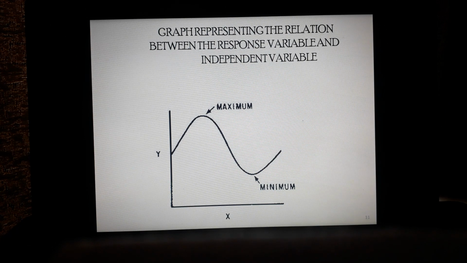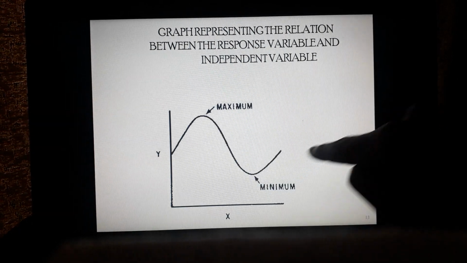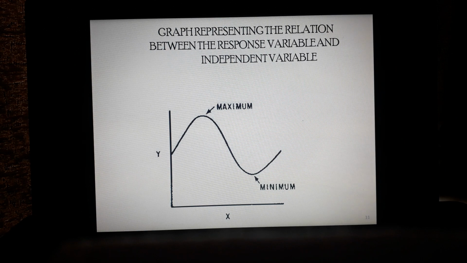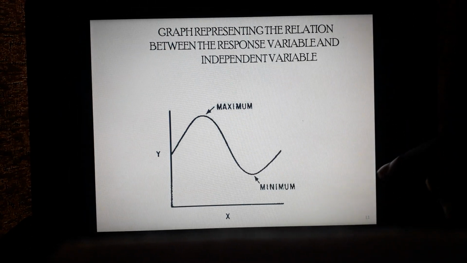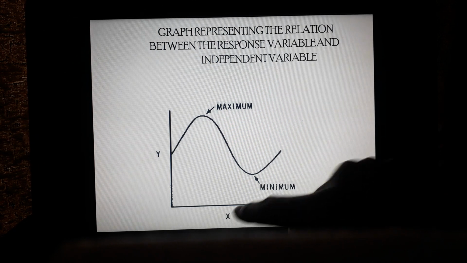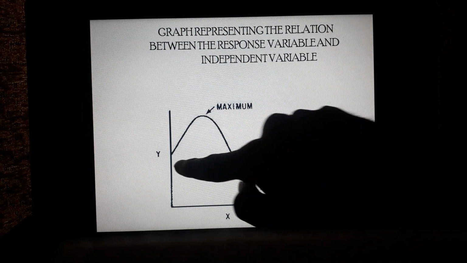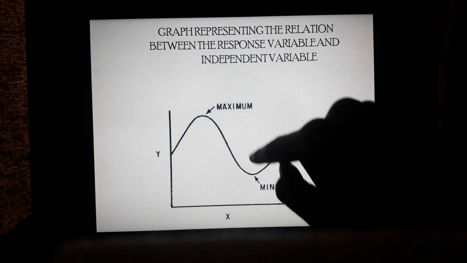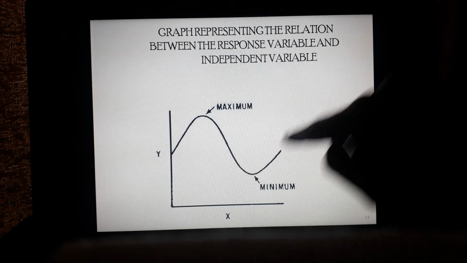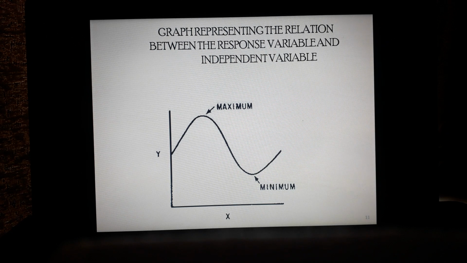The curve in the figure represents the relationship between the response y and the single independent variable, that is x, and we can obtain the maximum in the sense of a peak, and the minimum in the sense of a valley.